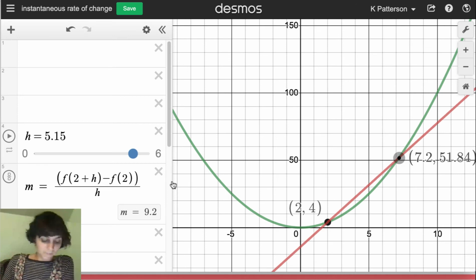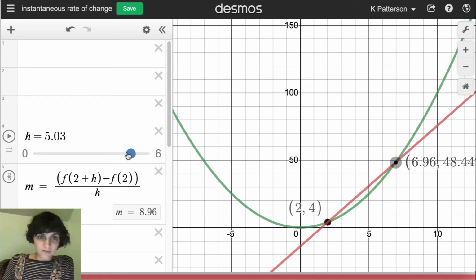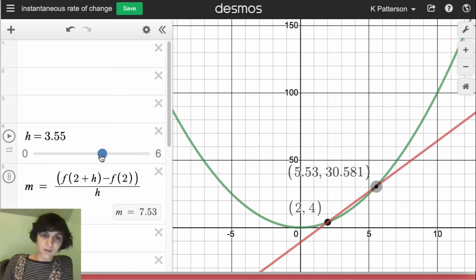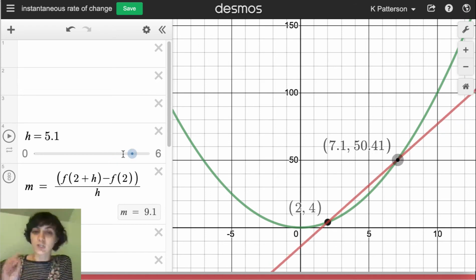I'm changing the h value, and the starting point is at 2. So it's saying let a be 2, because that's where I'm starting, and then I'm changing the value of h, and it's calculating my average rate of change using that equation we just wrote down. So if you need to pause for a second to compare the two equations, go ahead and pause.